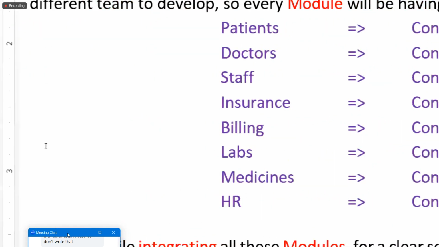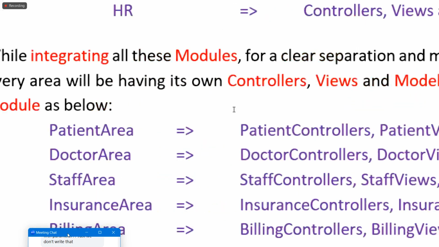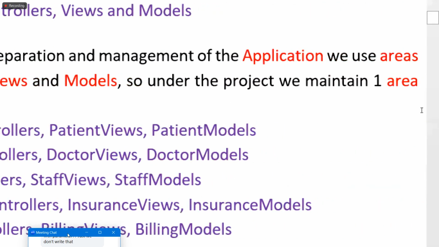Next. Why would everyone say I have a home controller? What to do is put all home controllers in one place. How do you identify them now? So what is the better plan? The better plan is to take areas now.